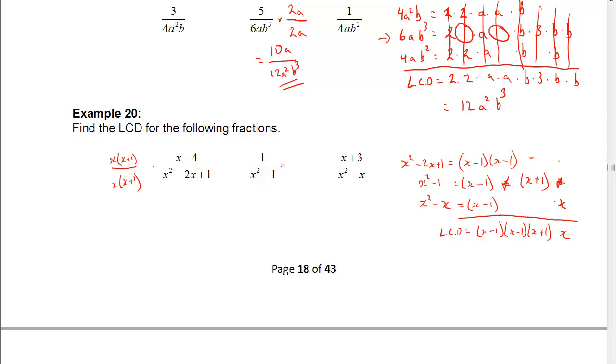So we'd have to multiply this one by x minus 1 multiplied by x, top and bottom. And you see the idea, for the last one we'd be missing this one and this one, so we'd have to multiply top and bottom by x minus 1 times x plus 1. That would make all of our denominators the same.